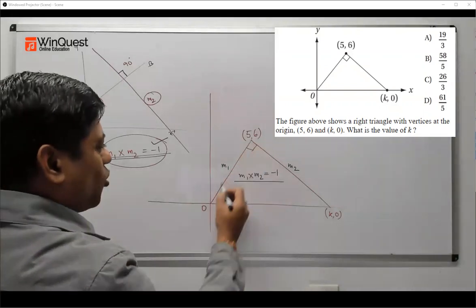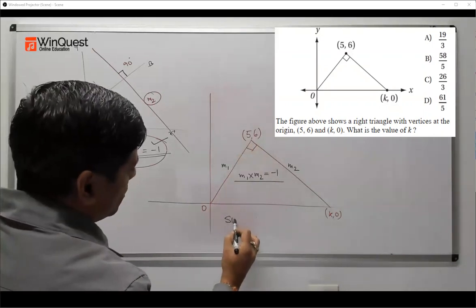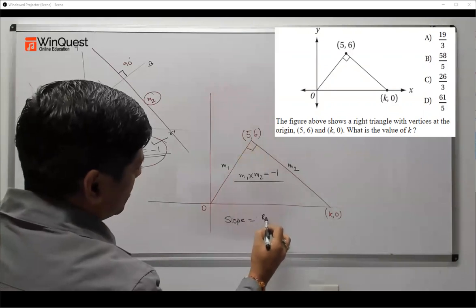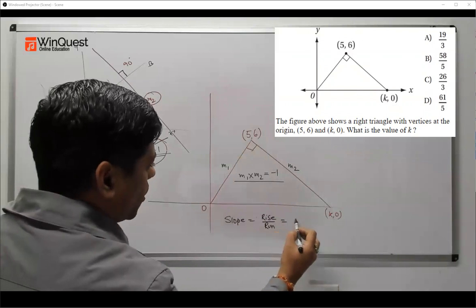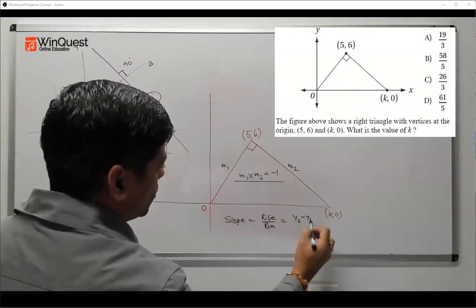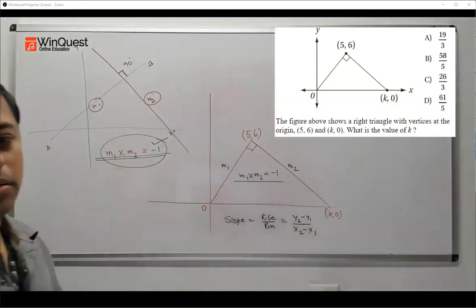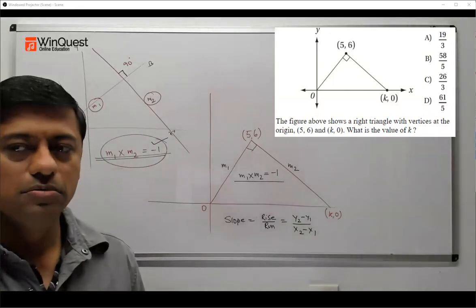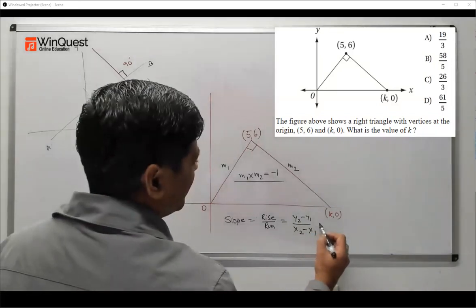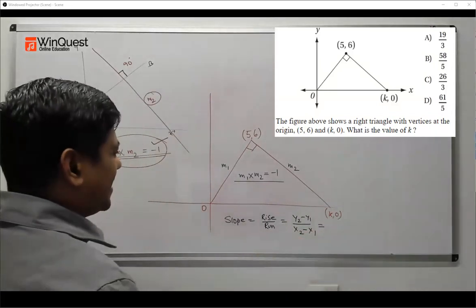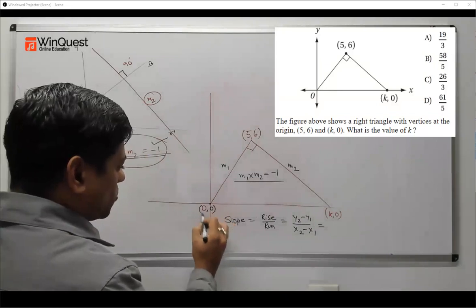To find the slope of this one, I only know that slope is equal to rise over run. We learned that. But rise over run can also be written as y2 minus y1 by x2 minus x1. Can I do that? Yes. After this, the start point coordinate is 0, 0.